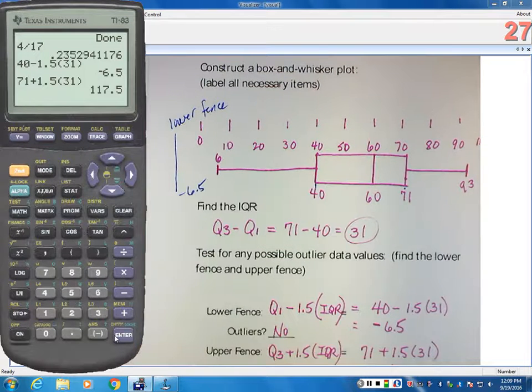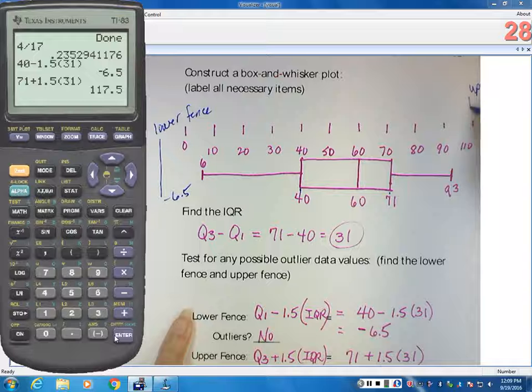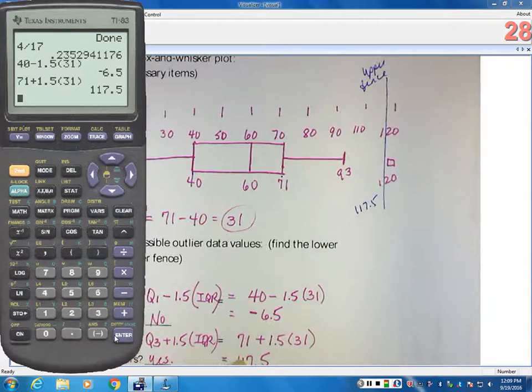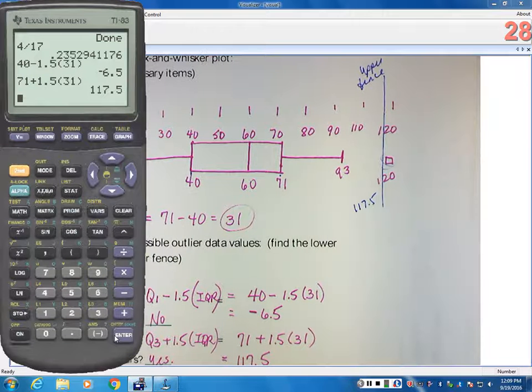But my upper fence is at 117.5, which is pretty close to the 120. But the 120 is still just barely outside of it. So that's why 120 was an outlier.